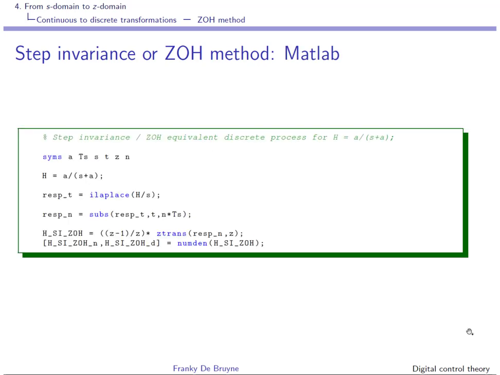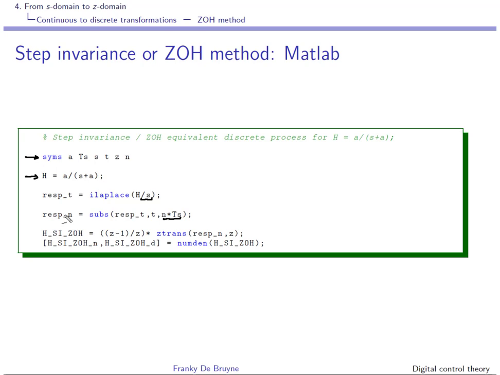So what we can do over here is again do the calculation with the Matlab symbolic toolbox. You define the symbolic variables, the transfer function. This is the step response because we take the inverse Laplace transform, we sample it, we replace t by nTs, right?